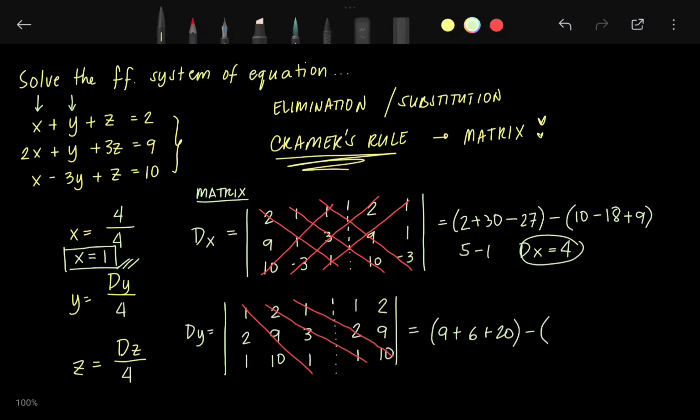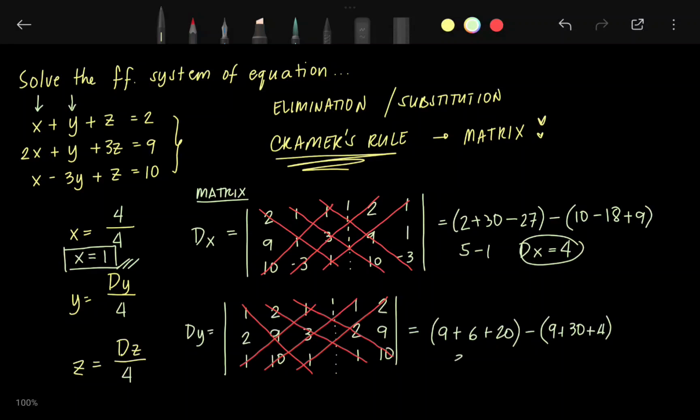Minus. Okay, upward. So, 1 times 9 times 1 is just 9. And then, 10 times 3 times 1 is 30. Plus 30. And then, I can see 1 times 2 times 2, that's 4. Plus 4. So, let's add.